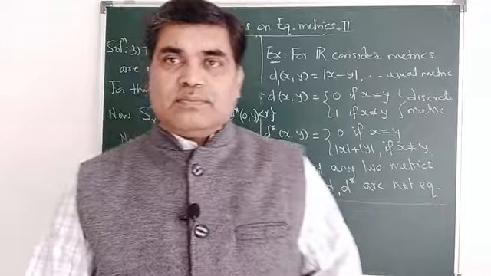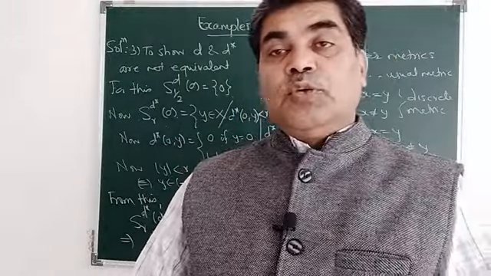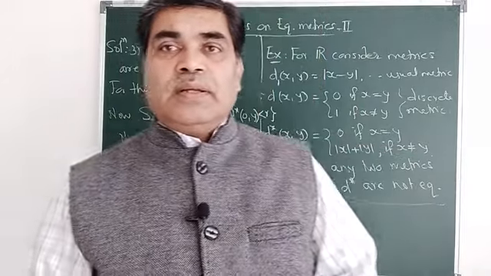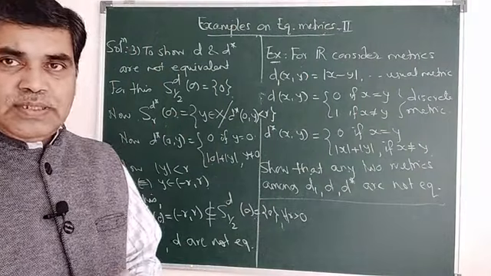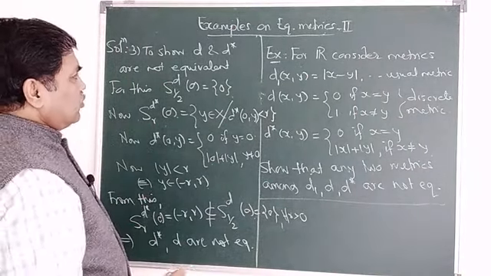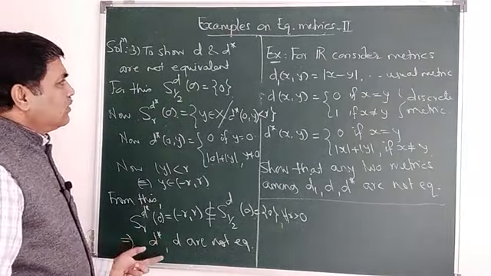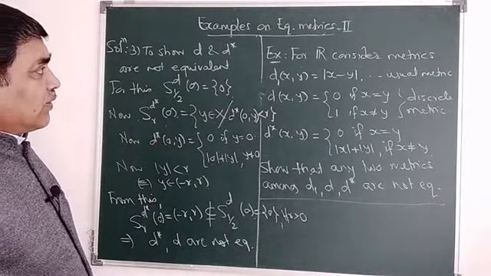It is possible to construct every open sphere with respect to D and D star contained in each other. That is possible. Okay. 0 creates the problem. So if I delete 0 from that, then I can show that D and D star are equivalent matrix.